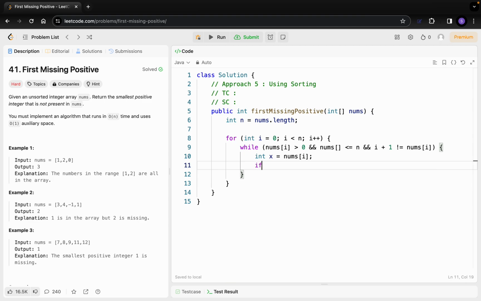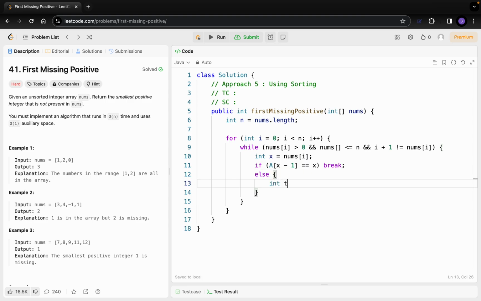If a of x minus 1 is equal to x, it's at the right index. Else we will do the swapping.